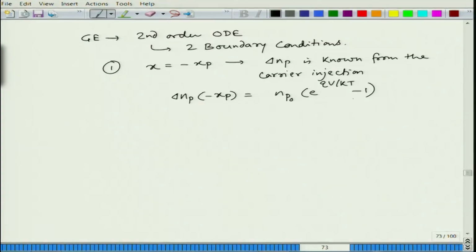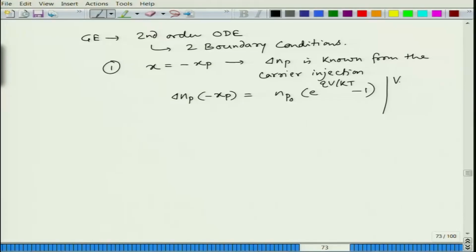So, let us not use VA anymore, we do not have to say applied explicitly, that is the only voltage. So, we are going to use V. So, here a small note that VA is being replaced by V, as no other voltage is present in the expression.